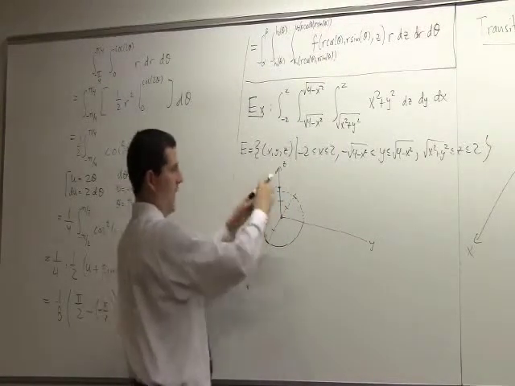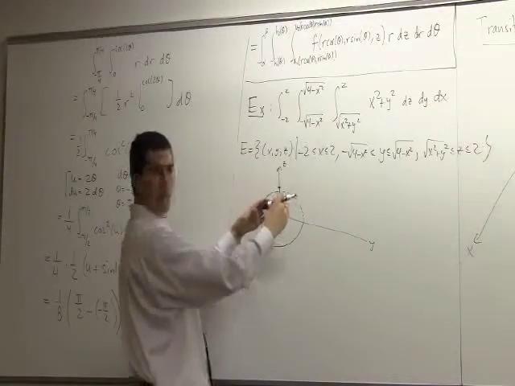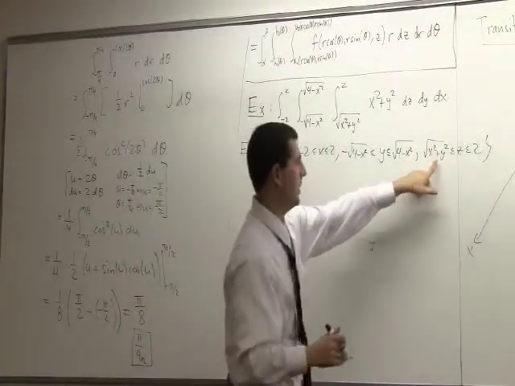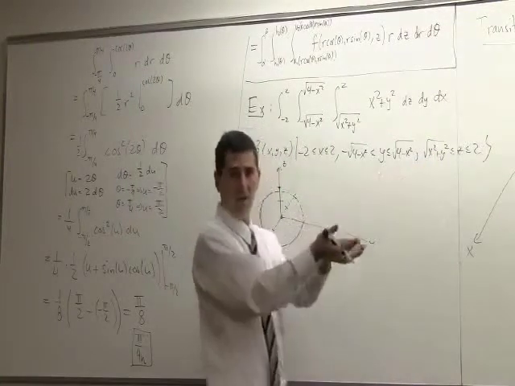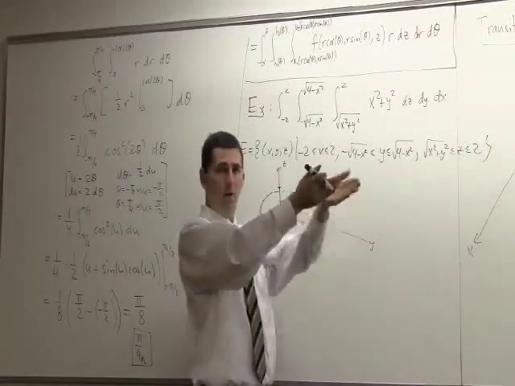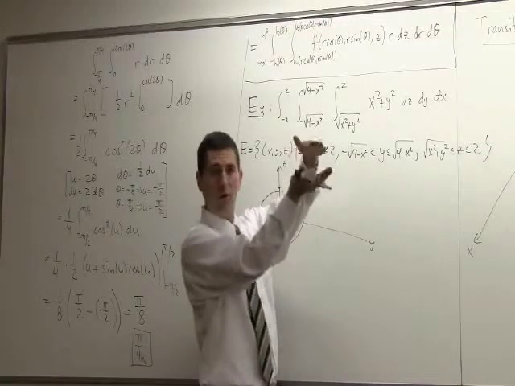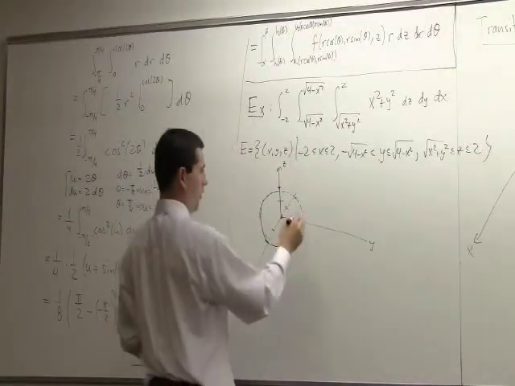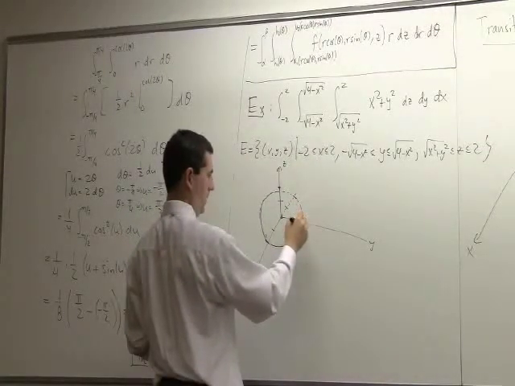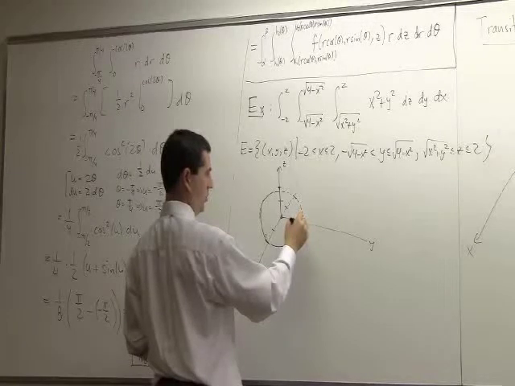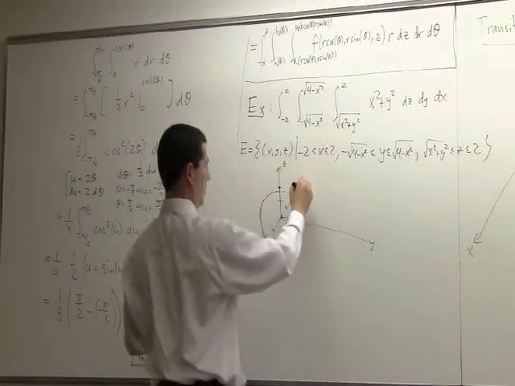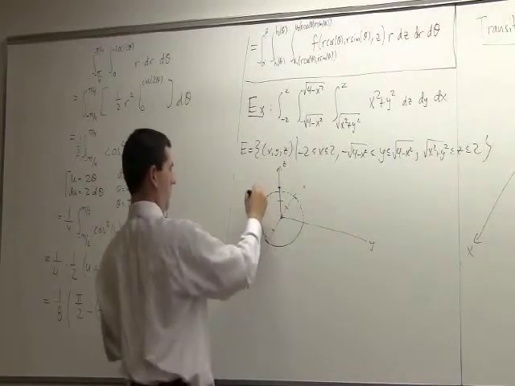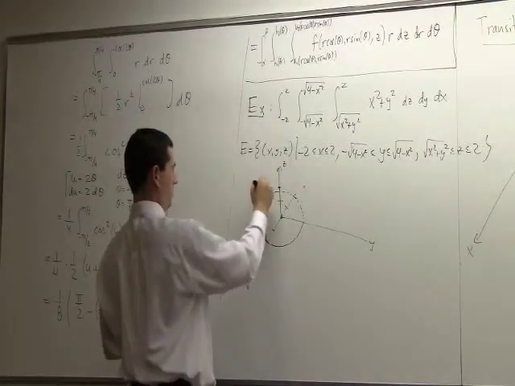Okay? But as you go out further, the radius gets bigger. Z is no smaller than the radius. So as the radius gets bigger, z can only go between something bigger and 2. When you get all the way out to 2, it can only be up at 2. The same thing over here.